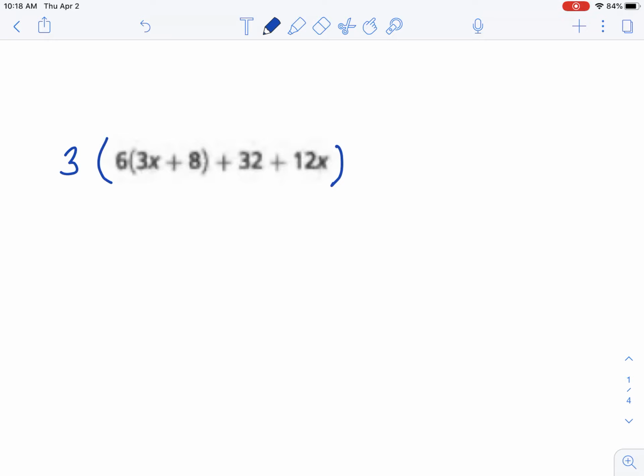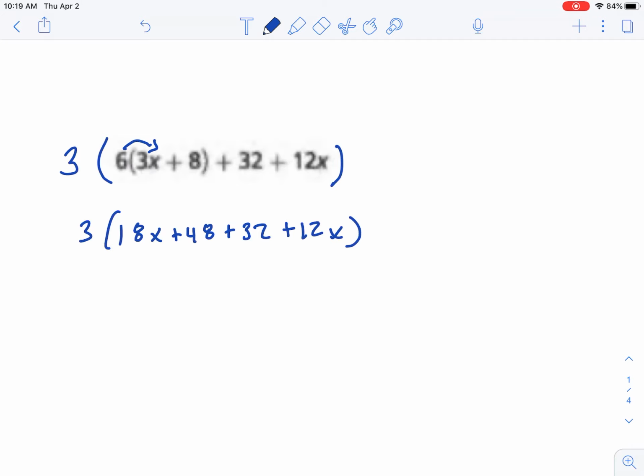So we go ahead and we solve everything inside. 6 times 3x gives us 18x plus 6 times 8 gives us 48. Plus 32 plus 12x, close parentheses.